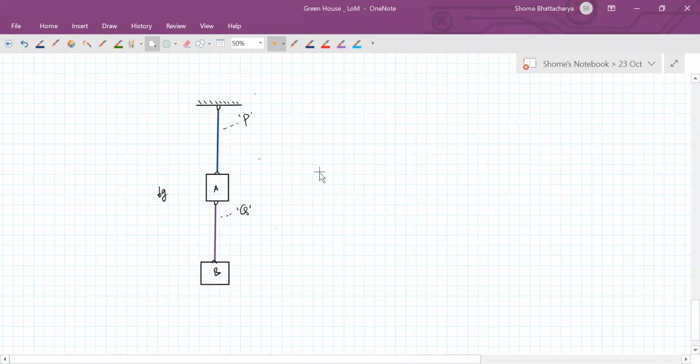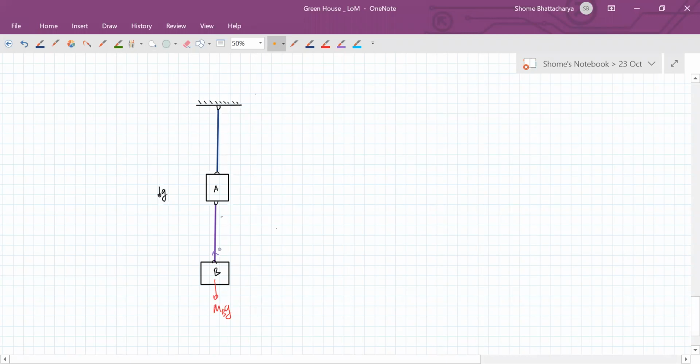Okay. So see, it's very straightforward actually. You have to just imagine how the strings are getting stretched out. If you're clear about that, you can see that the weight of this block is pulling this down, so it stretches this string.